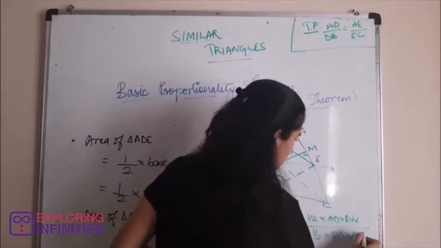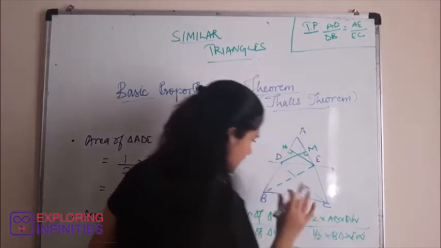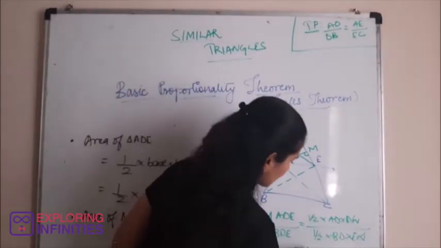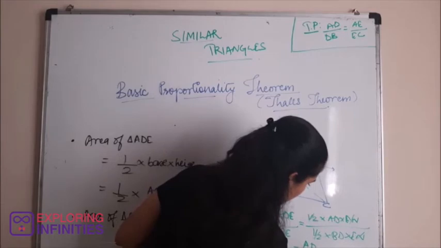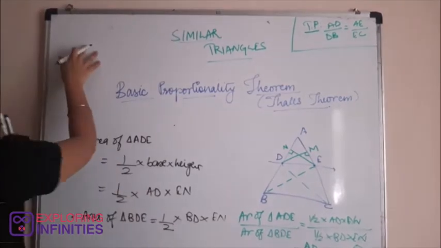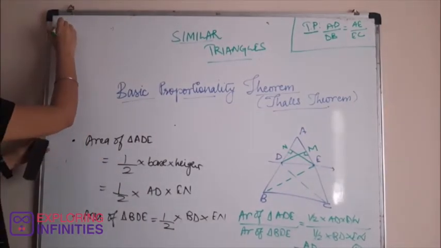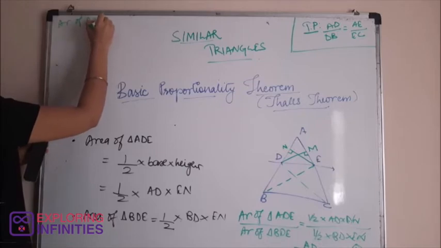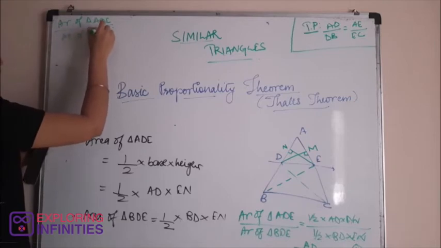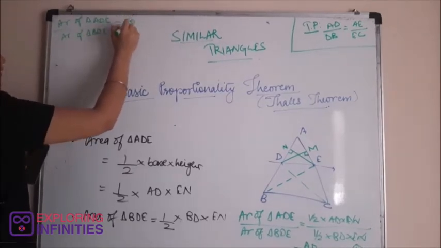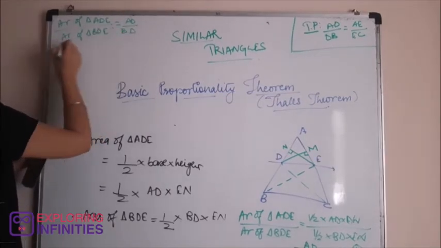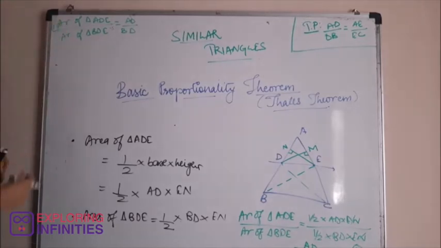We'll cancel out the commons. So we can say that area of triangle ADE divided by area of triangle BDE is AD upon BD. We can mark this as 1. So area of ADE divided by area of triangle BDE is equal to AD divided by BD. This is our first observation.